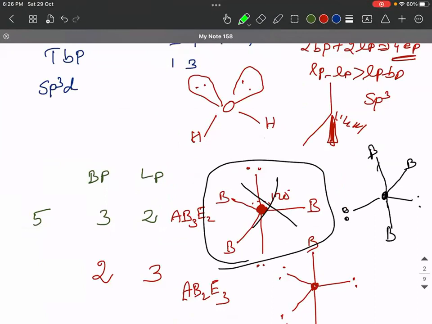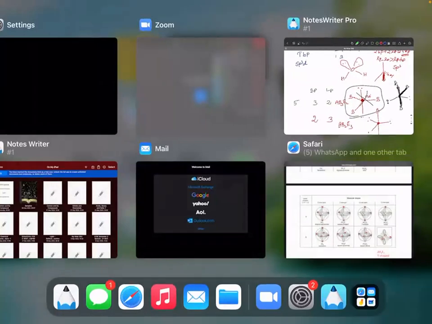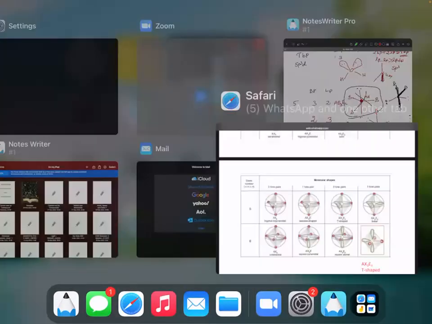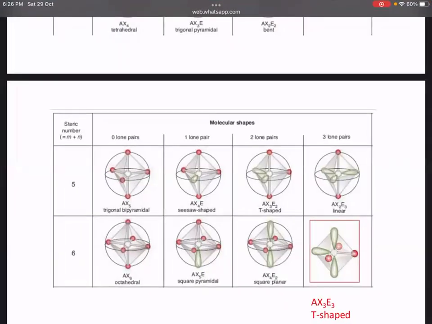So if you are drawing the T shape, this is how it looks. And if you have only 2 bond pairs, 3 lone pairs means it becomes linear.